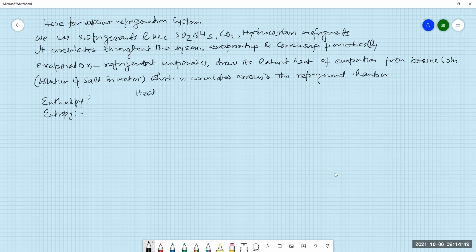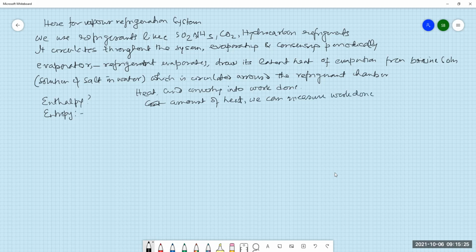We are using heat and converting it into work to be done. Unless you know the heat, the content of heat or amount of heat, we cannot measure or calculate work done.